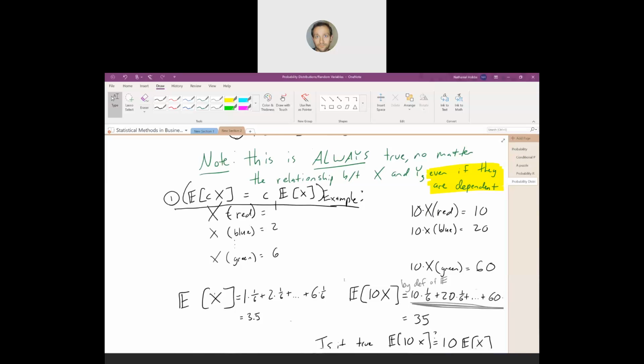A random variable can be a number with a certain probability, but a random variable is not a number. Expectation is a number. So you can take a probabilistic object and turn it into a number. And that's its expected value.